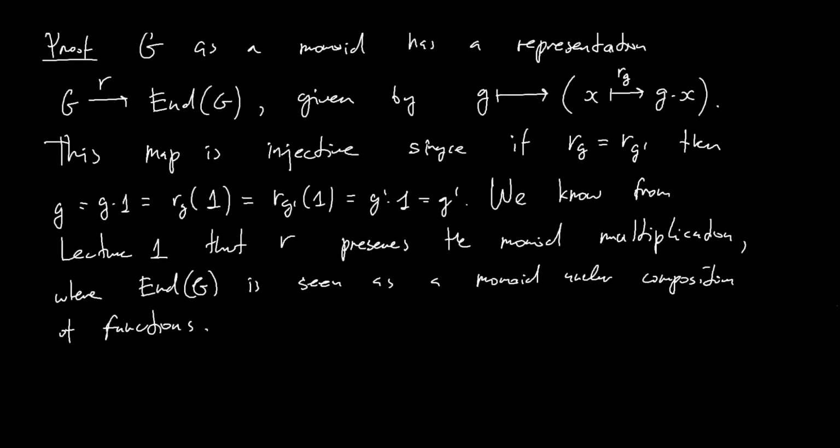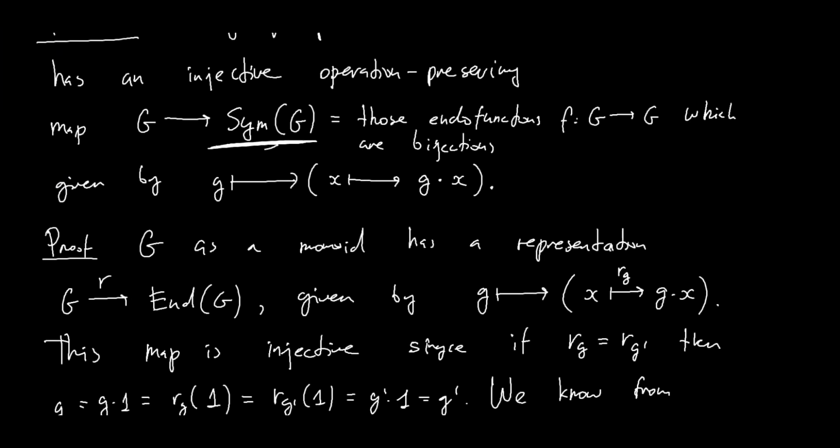So what remains to prove is then the following. Basically, we already have the map we're looking for. It's just that it points us to the wrong spot. We don't want to go to all possible endofunctions of G. We want to go specifically to bijections on G, right?